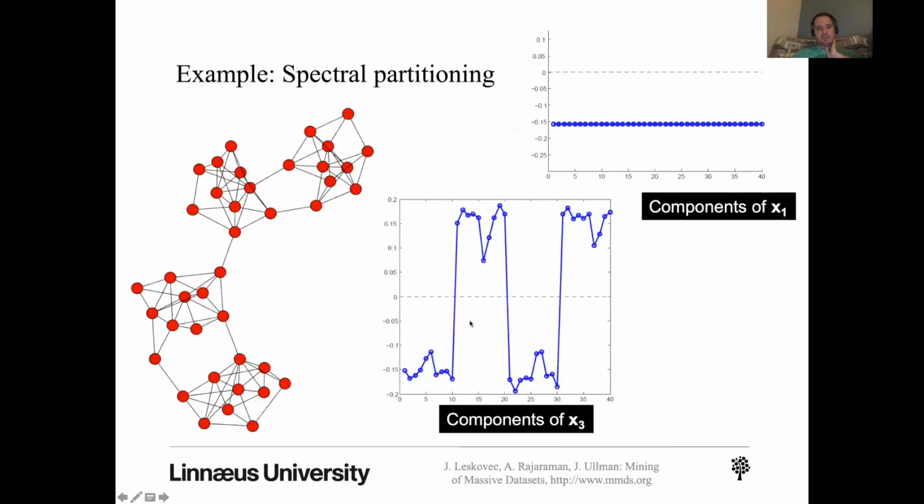But the cool thing is that if I actually use the third one and cut at 0 at the same time, this community and this community would end up being put together, while this one and this one would be put in another partition, which doesn't make sense if you use it by itself. That's why we didn't take the third one by itself. We took the second one first.